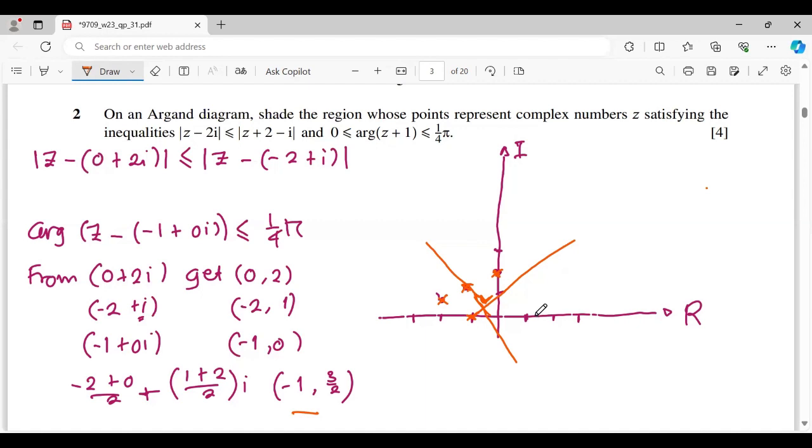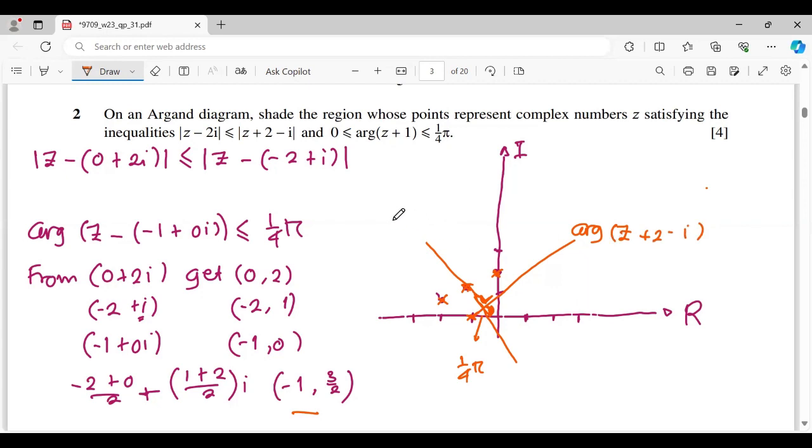Next, we're going to shade this area. Don't forget this angle. This angle is 1/4 pi, and this is the straight line of argument z plus 2 minus i.